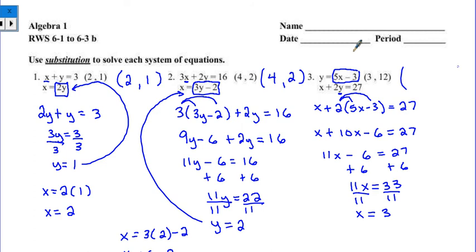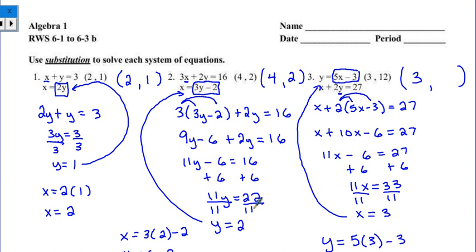Remember, this is your x, so it goes in your ordered pair at the first spot. The second spot, we've got to plug back into the box to find out the second one. So it's going to be y equals 5 times 3 minus 3, which is y equals 15 minus 3, which means y equals 12.